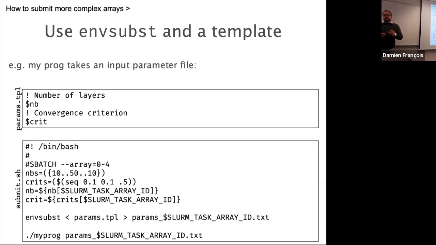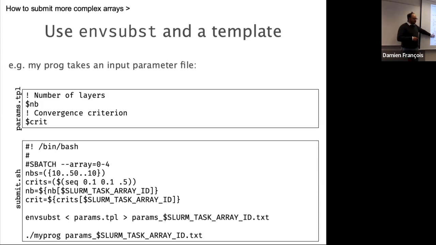This is another example. Some programs do not expect arguments in the command line, but rather in the configuration file. And here, I'm not going to go into detail, but with the envsubst command, which is a bash command, you can create templates.